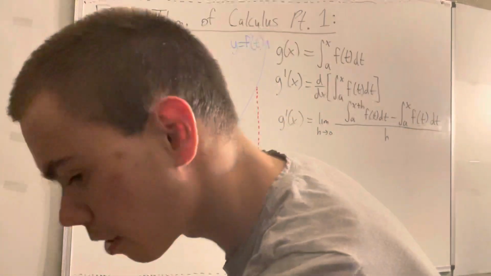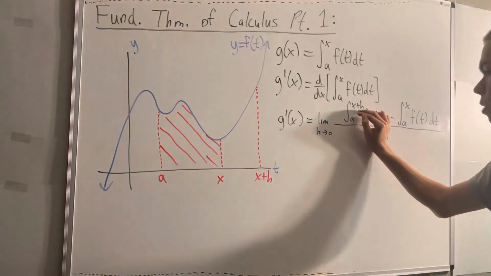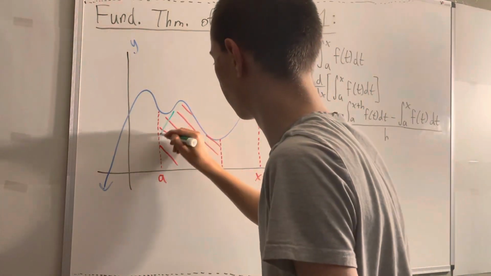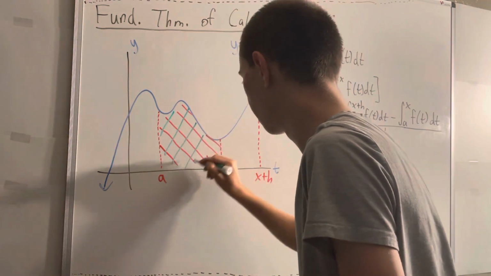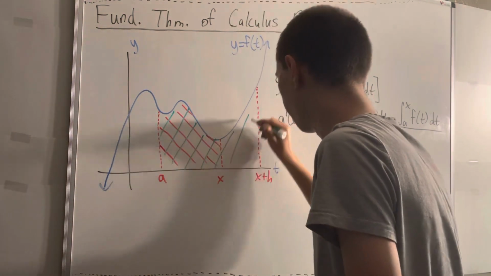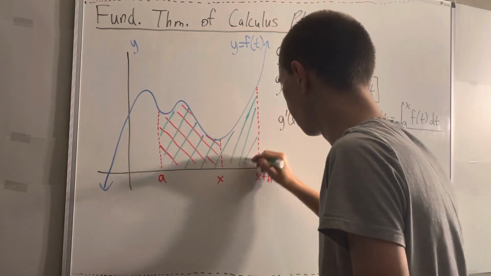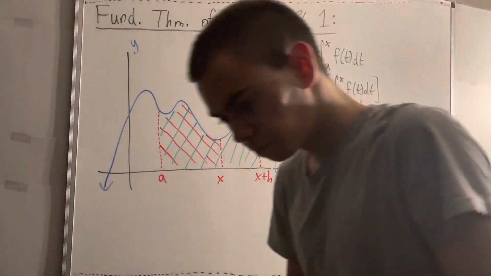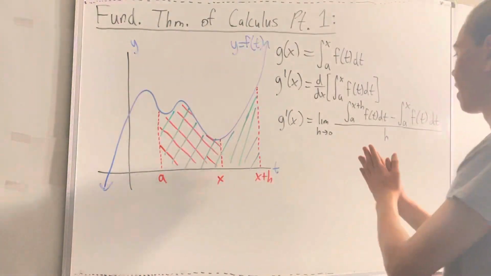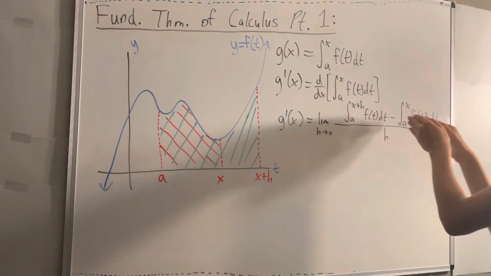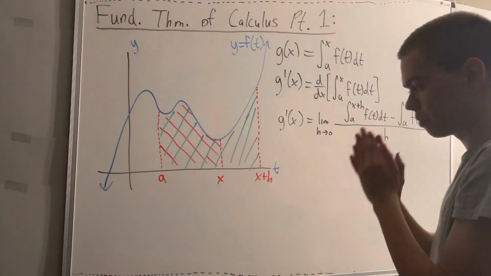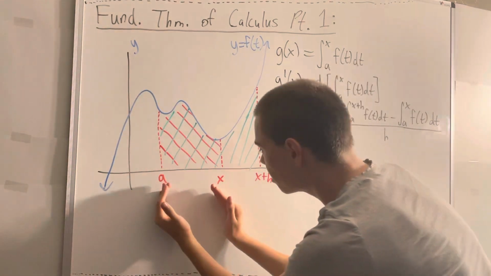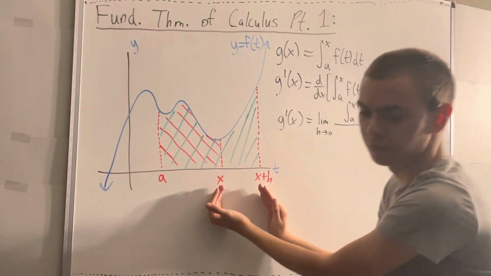And the area from a to x plus h is this area, all the way through here. Now, if we subtract the area from a to x plus h minus the area from a to x, then we're going to get the area from x to x plus h.